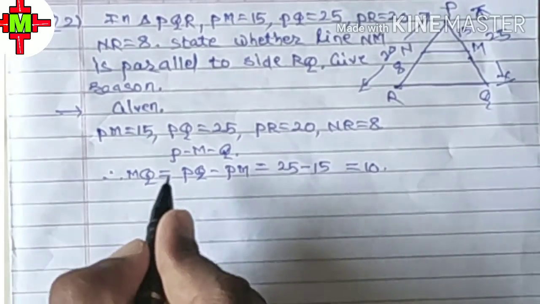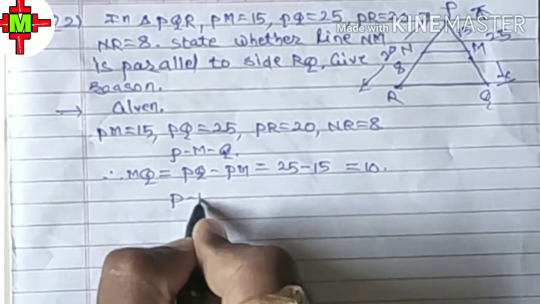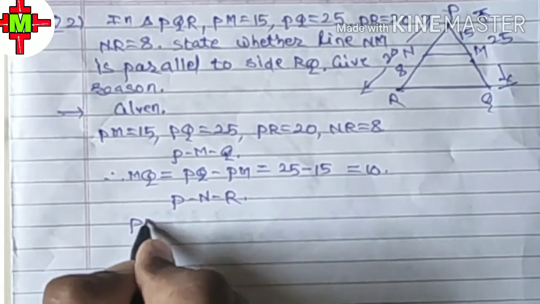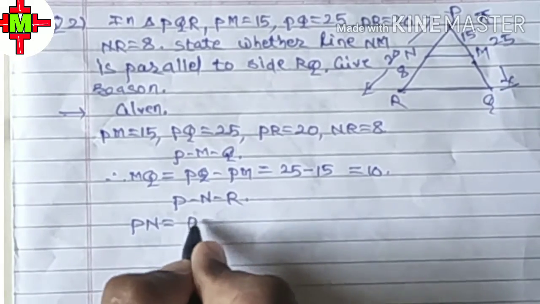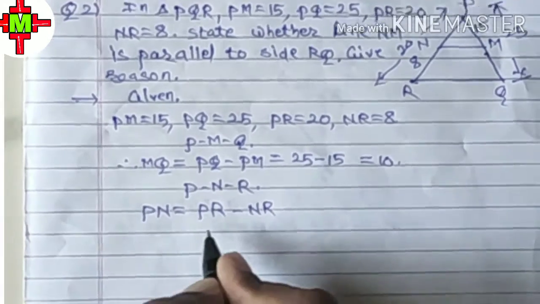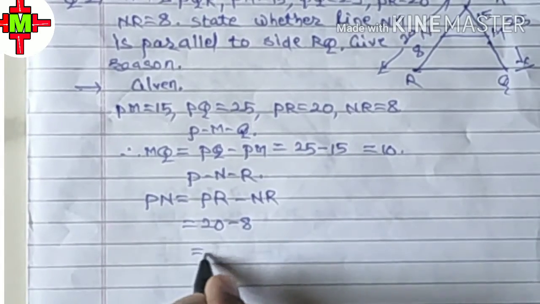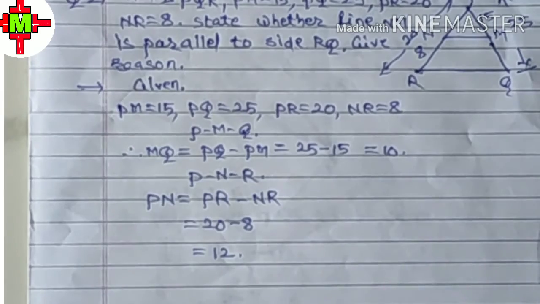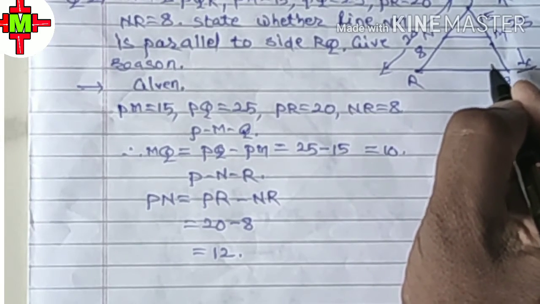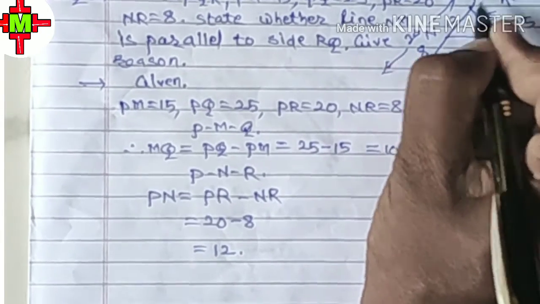Now, P dash N dash R, PN is equal to PR minus NR. That means 20 minus 8. Therefore 12. We write in this figure MQ is 10 and PN is 12.